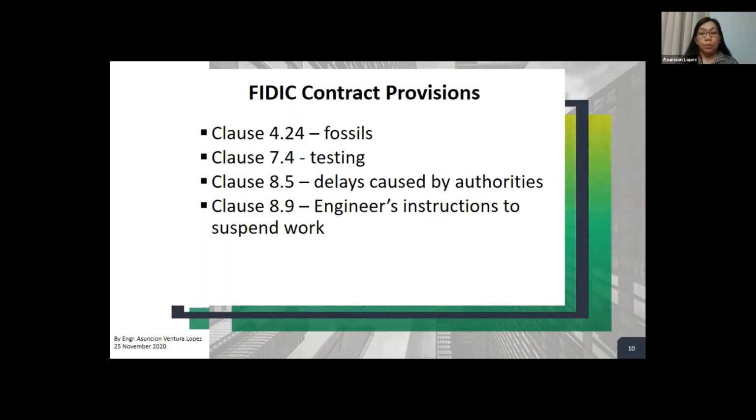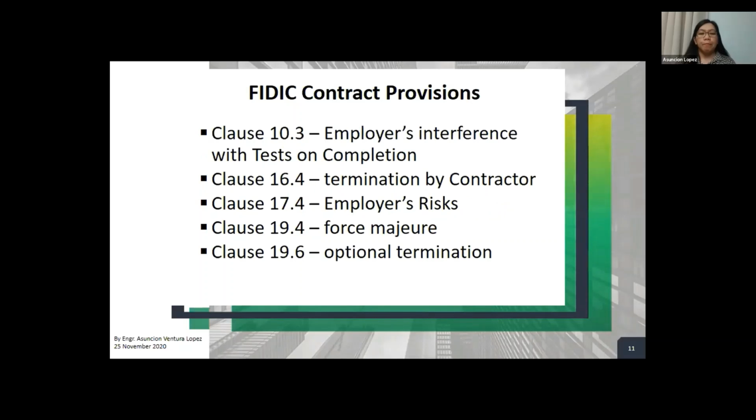If there are engineer's instructions to suspend the work, definitely it could be a reason for extension of time. 10.3, employer's interference with tests on completion. The tests on completion should not be interfered with by the employer for unreasonable reasons. So if they were interfered with by the employer, that can be an entitlement to extension of time.